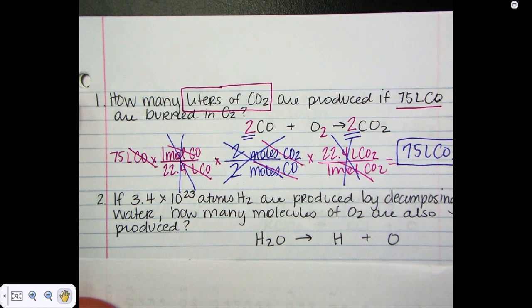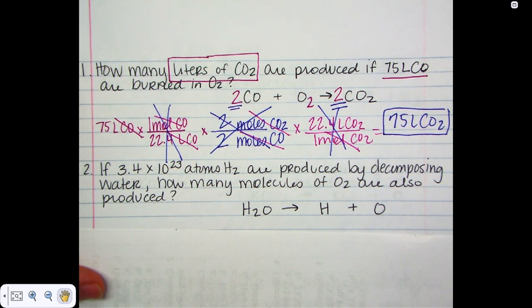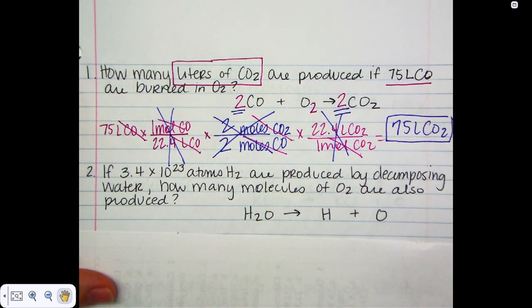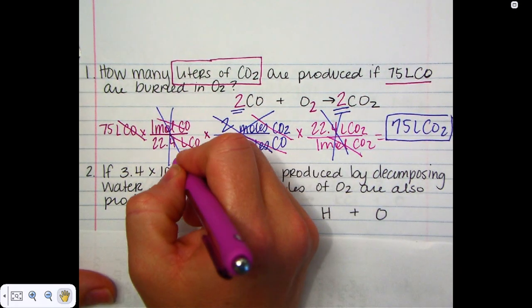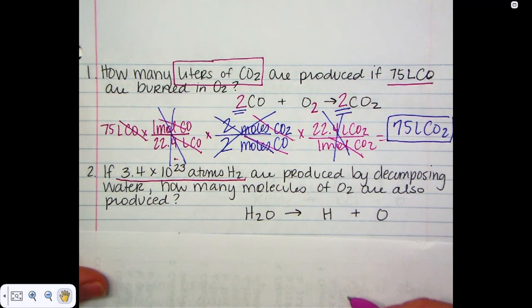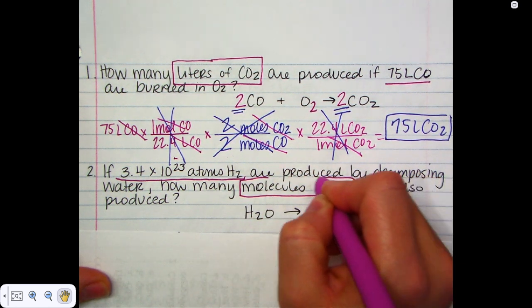If 3.4 times 10 to the 23rd atoms of H2 are produced by decomposing water, how many molecules of O2 are also produced? So again, what am I given? I'm given atoms of H2. What am I asked for? Molecules of O2.